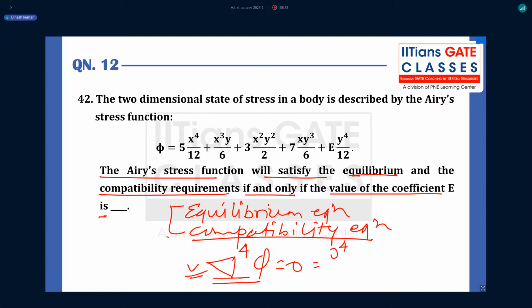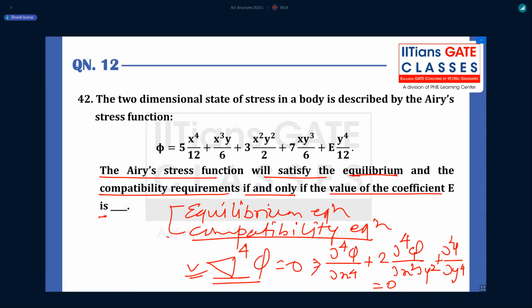It is dou power 4 phi by dou x power 4 plus 2 times dou power 4 phi by dou x square dou y square, plus dou power 4 phi by dou y power 4. Yes, please check. So this is my Airy stress function equation.